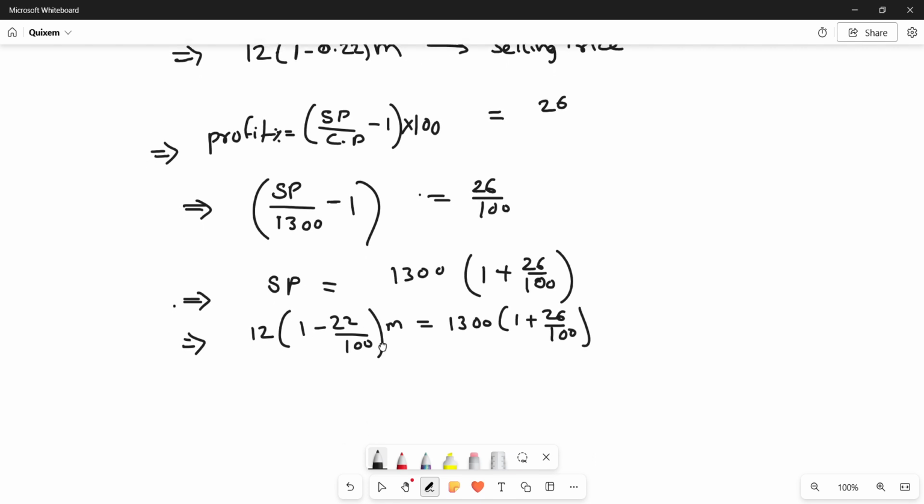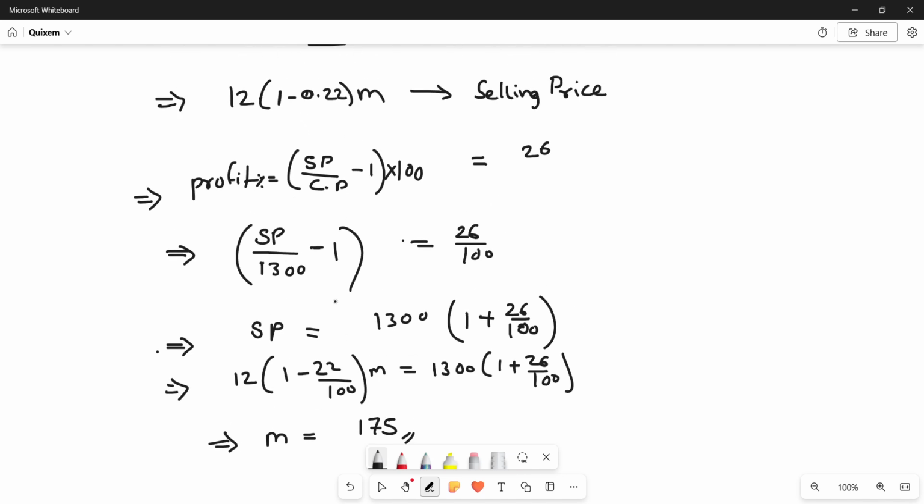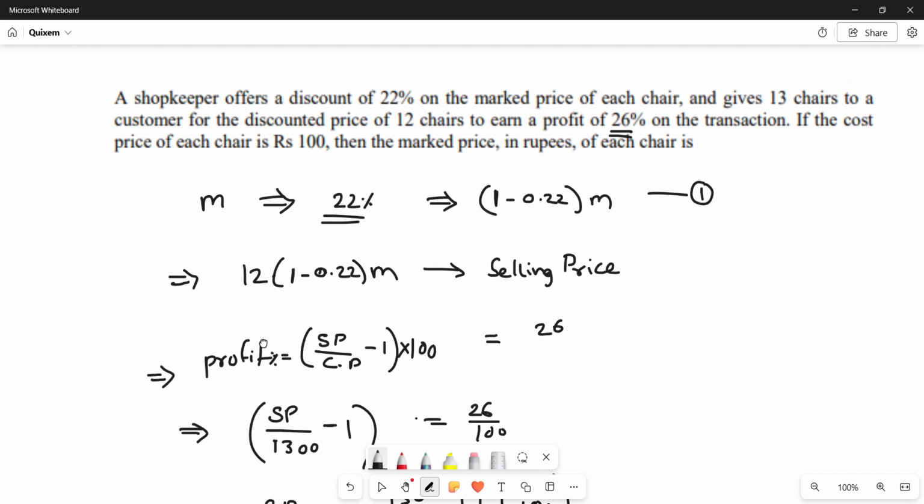Now we have this equation in M, and upon solving we will get M equal to 175. So the market price of each of the chairs is 175 rupees.